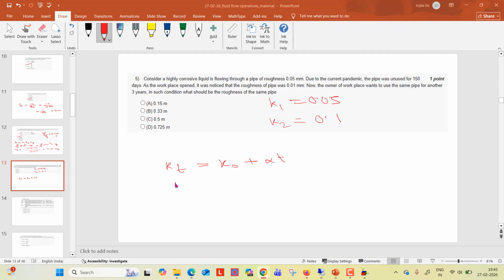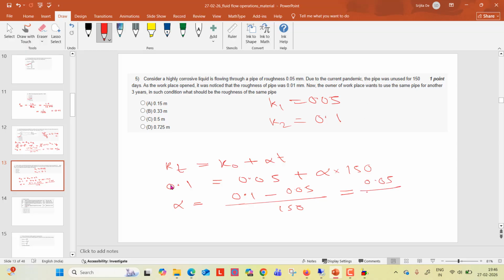So Kt is 0.1, K0 is 0.05 plus alpha into T, which is 150 days. So alpha is (0.1 minus 0.05) by 150, that is 0.05 by 150.